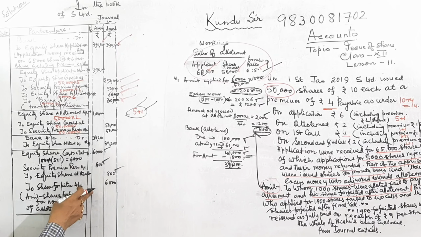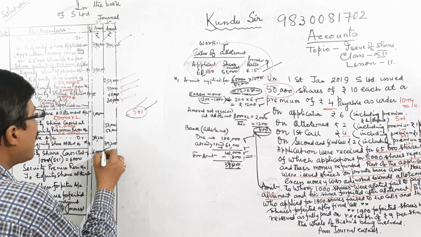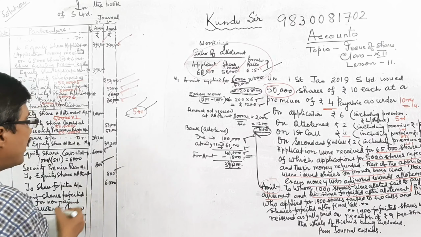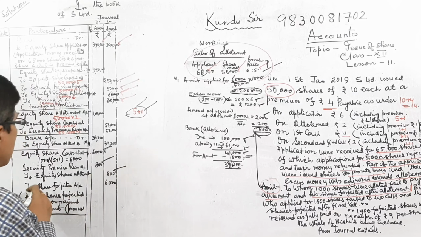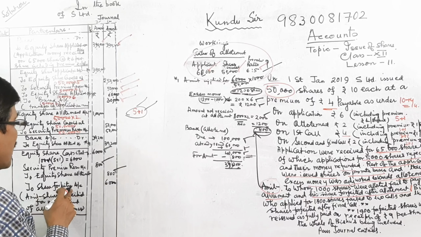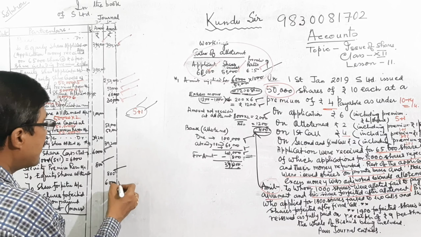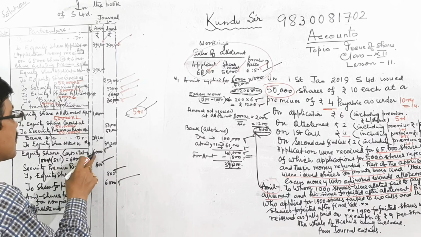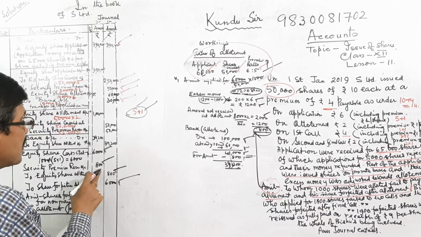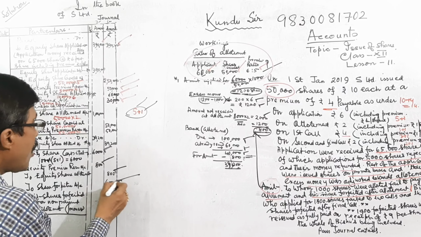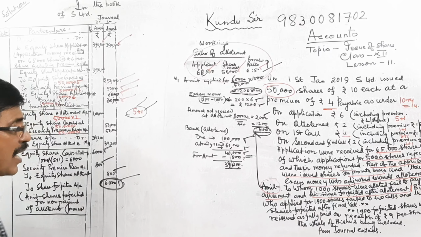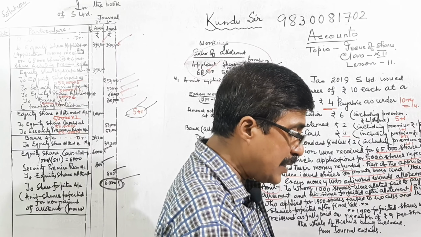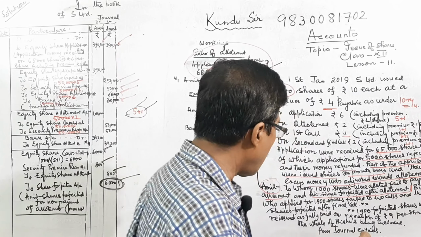The rest is total capital creation of 6,000. That is, 800 is equity share allotment, and to share forfeiture account we are transferring 6,000. That means the debit amount is 6,800 and the credit amount is 6,800, out of which 6,000 is lying in the share forfeiture account in relation to Amit.